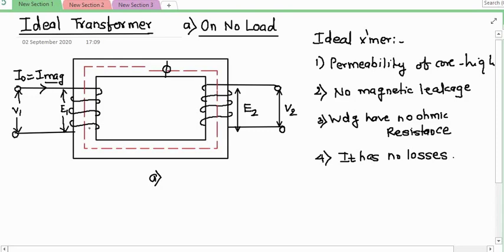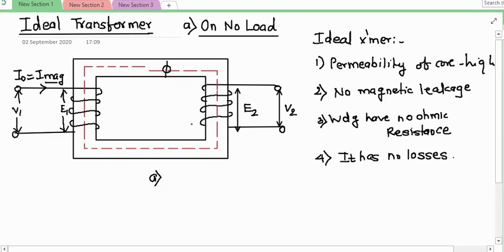If the transformer is truly ideal, this magnetizing current would be zero. But let us say that a very small current is required to establish the flux phi in the transformer.